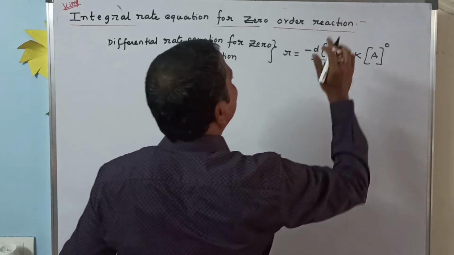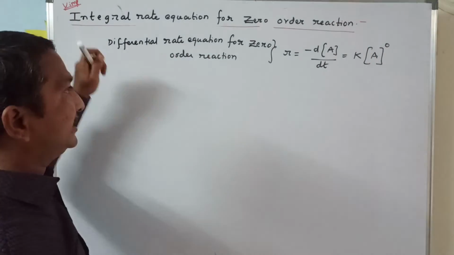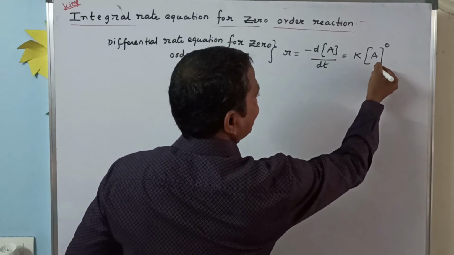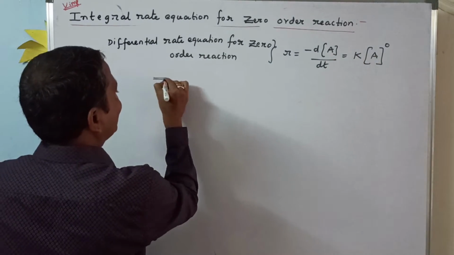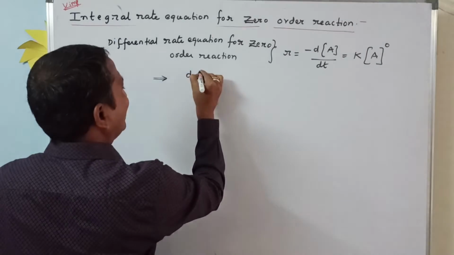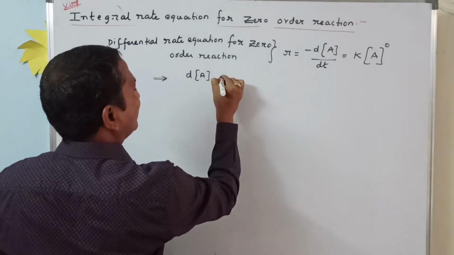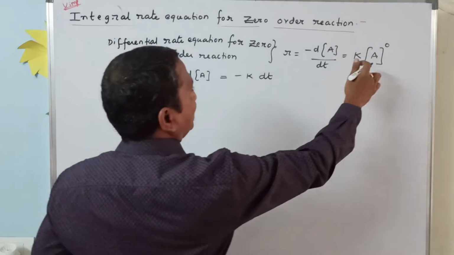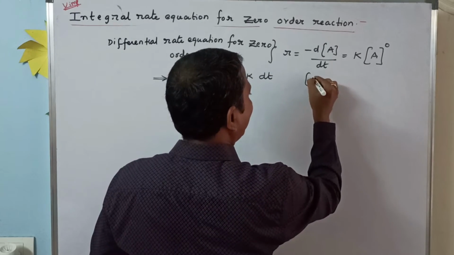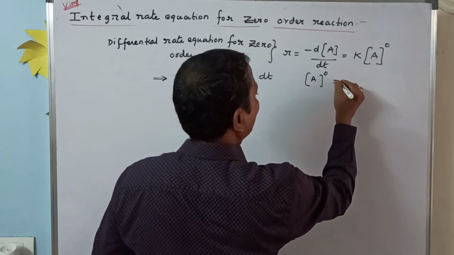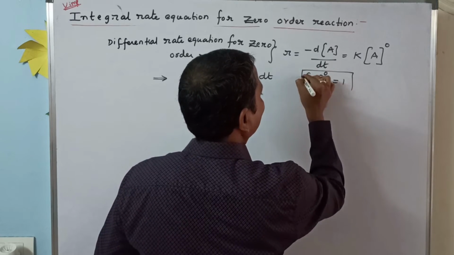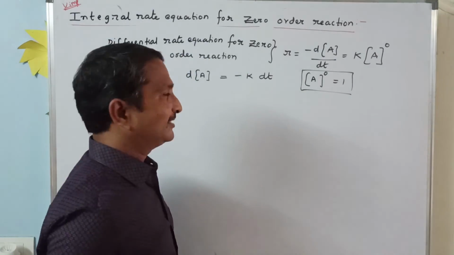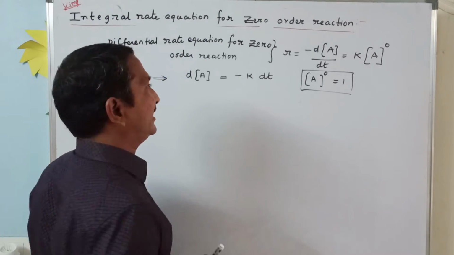Power 0 means zero order reaction. This is very, very important. This is 1. That implies d[A] is equal to minus k dt, since [A] power 0 is equal to 1. This is another form of differential rate equation. From this we can derive the integral rate equation.